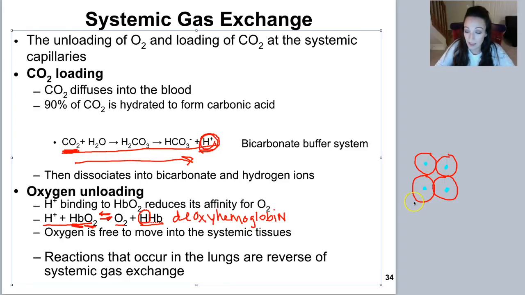And carbon dioxide would then be entering the capillaries. Okay, so we would see a whole bunch of CO2 nearby. And some of this CO2, remember, has the ability to bind to this hemoglobin molecule. So let's just draw a couple binding here.